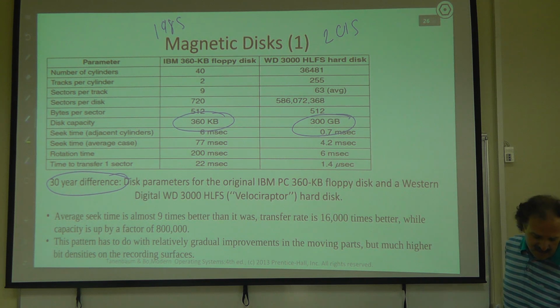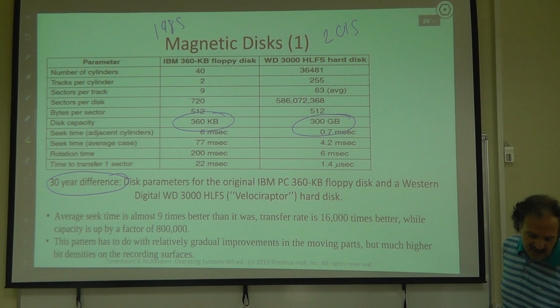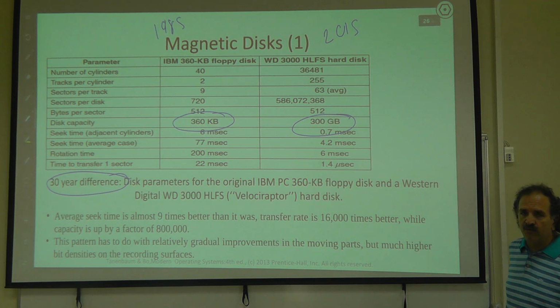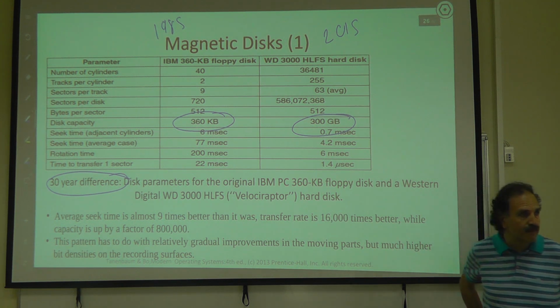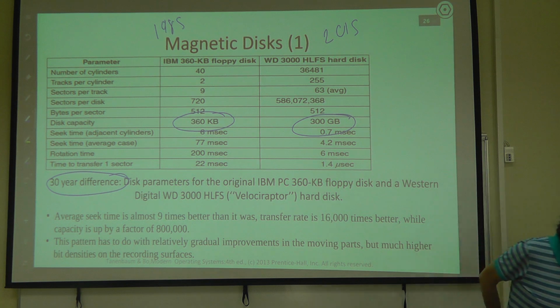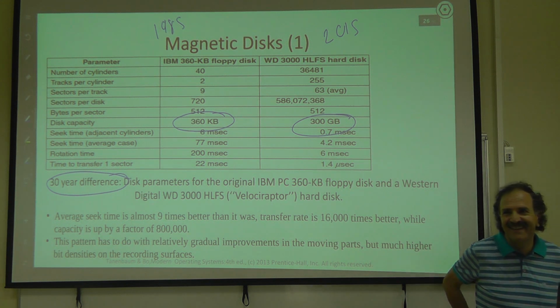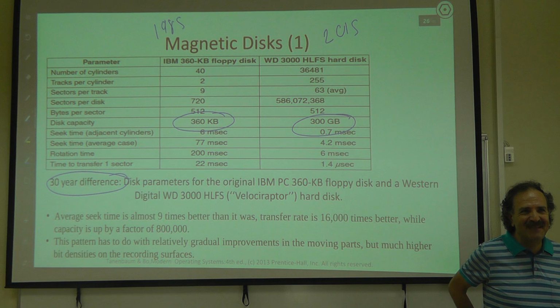And tracks per cylinder too, this one has 255. What does this mean? Tell me another name for this tracks per cylinder. Number of what? Tracks per cylinder. It is the same as number of circles, number of tracks are the same, but I'm asking something else.